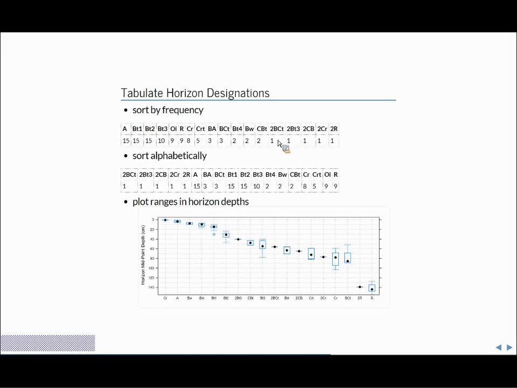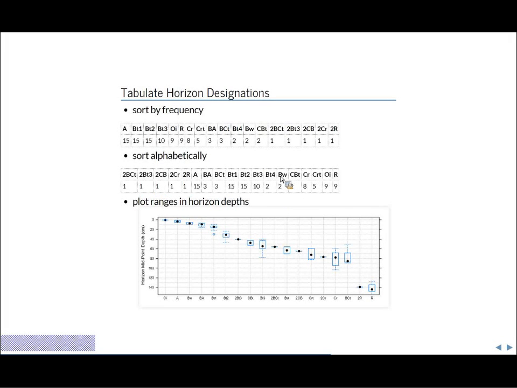We've got a couple transitional horizons here, a BA and a CBT. We've got a BW. Okay, well this gives me an idea of where most of my data exists, and then over here to the right-hand side gives me an idea of those horizons that are likely going to need to be correlated to some of the more common horizons, or possibly kicked out if they're oddballs. Sometimes sorting them alphabetically is helpful to see what's going on.